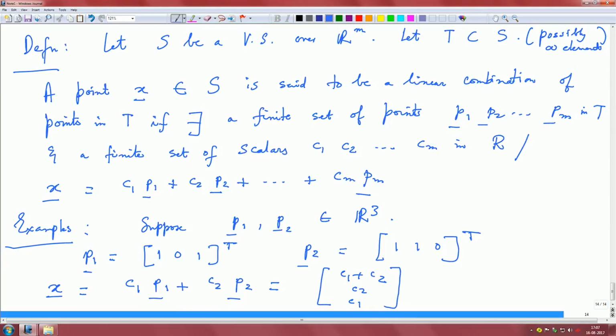Now, can X, say suppose it is given as 5, 2 and 6, be formed from P1 and P2?